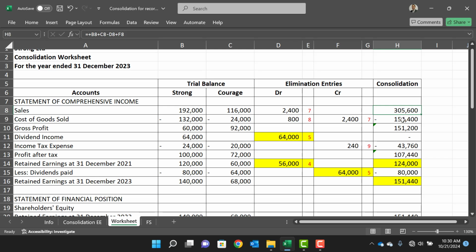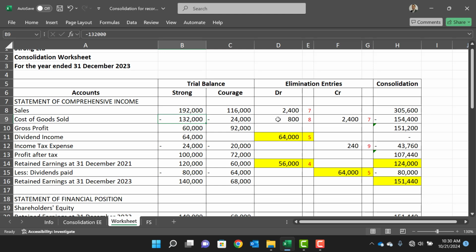So, an example here: we have cost of goods sold. If you add these two, you can say it's negative. That's still fine because we are under the statement of comprehensive income. So both are debit. If you add these two, that will be 156,000 kina.